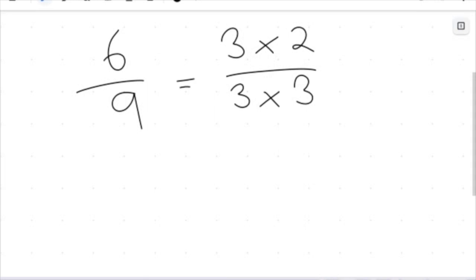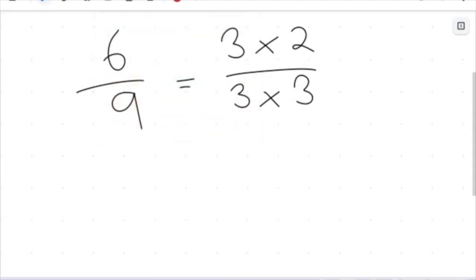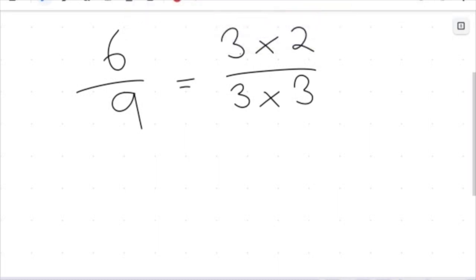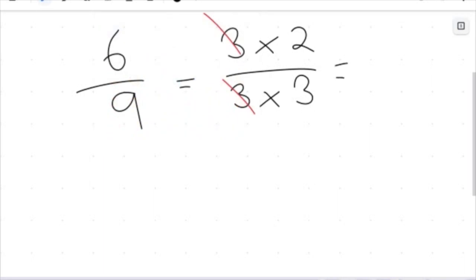Now, with simplification, with fractions, if we have the same products on the top and bottom, they can cancel each other out. So this 3 and this 3 cancel each other out. Well, why is that? Well, this is because this is like saying 3/3 times 2/3.